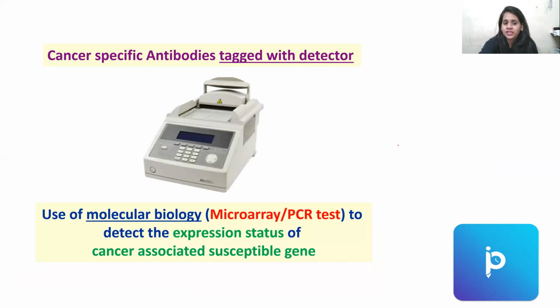Cancer specific antibodies can be tagged with a detector, that is the use of molecular biology, that is microarray and PCR test, to detect the expression status of cancer associated susceptible genes, because whenever your gene gets converted from proto-oncogene to oncogene, it will show certain expression which can be detected by the PCR test.